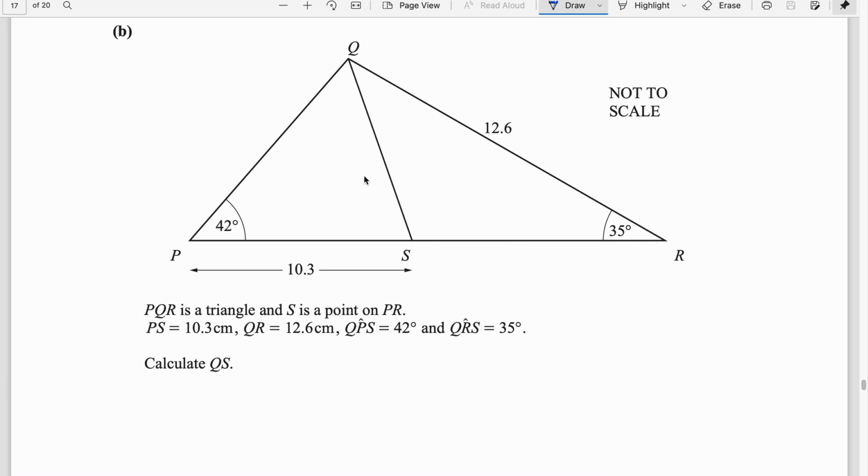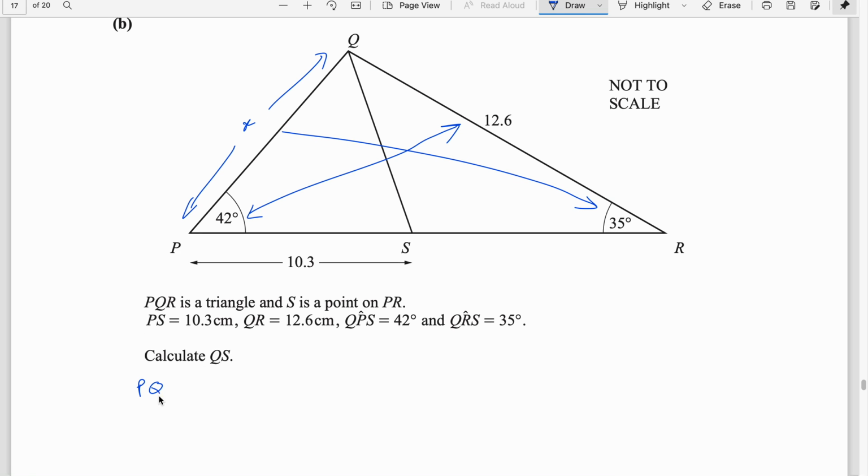Calculate QS. In order to calculate QS, I am first going to calculate this length PQ. I see that I have this opposite angle and I have this pair as complete, so I'm going to use the sine rule. PQ over sine 35 is equal to 12.6 over sine 42.